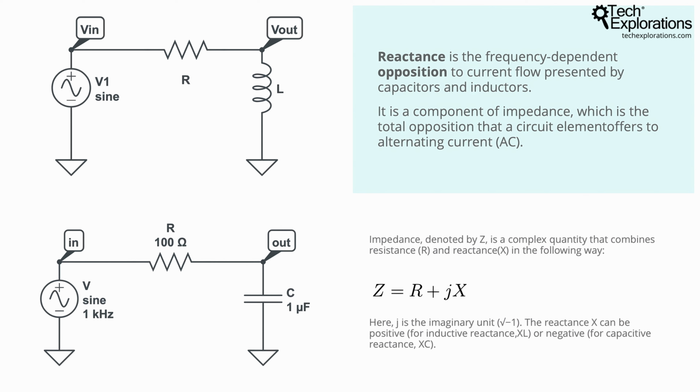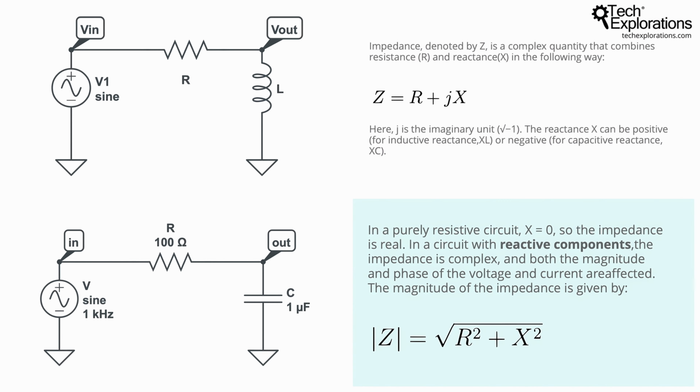Here, j is the imaginary unit, and reactance X can be positive for inductive reactance or negative for capacitive reactance. In a purely resistive circuit where X equals 0, the impedance is real.